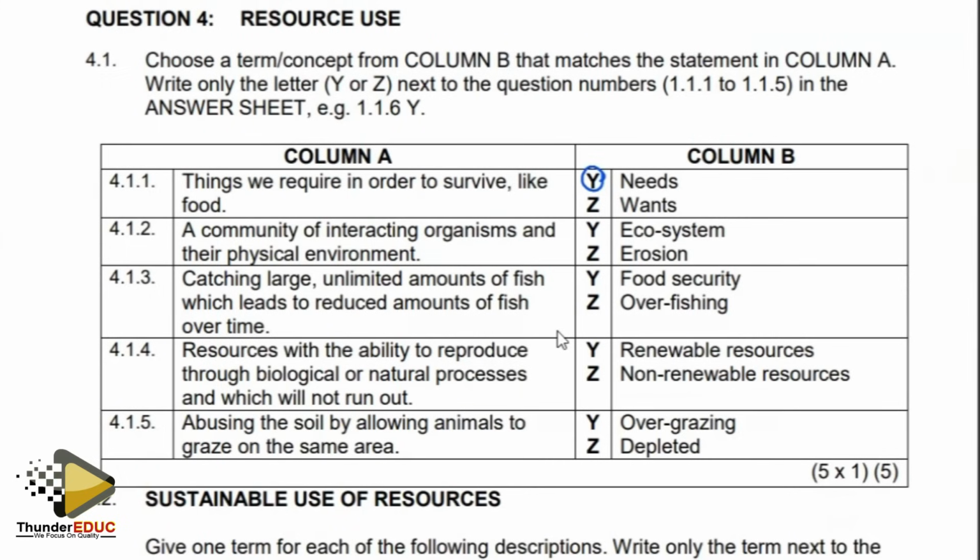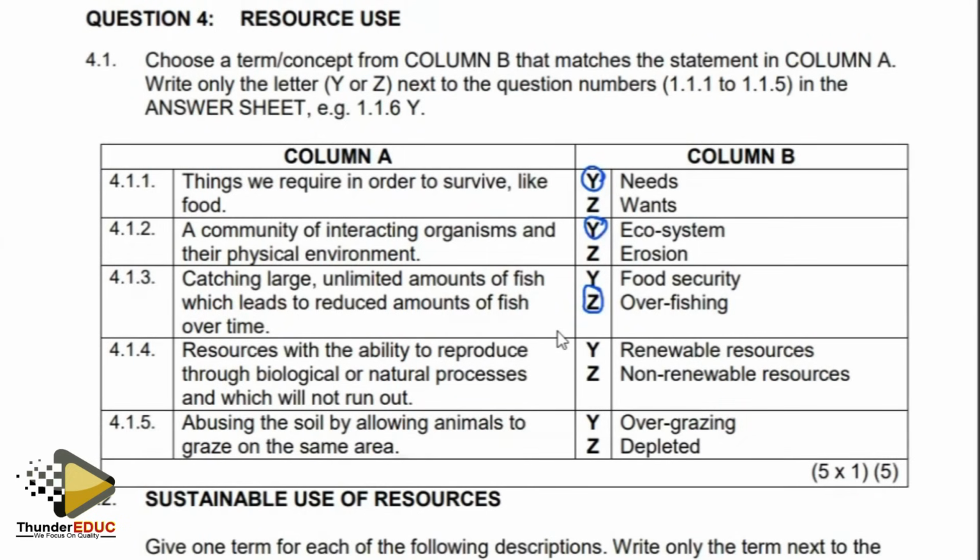A community of interacting organisms in their physical environment. Is it an ecosystem or is it erosion? It is an ecosystem. We have catching large and unlimited amounts of fish, which leads to reduced amounts of fish over time. Is it food security or overfishing? It is overfishing.